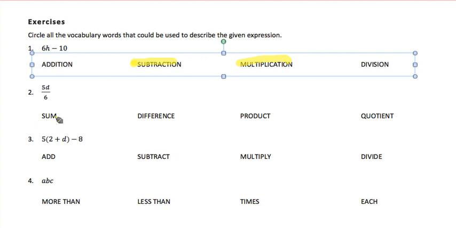In number 2, we have 5 times d, so we have a product. We also have a quotient, division. The next one, oh, we have multiplication here. We also have subtraction. We have addition. The only thing we don't have is division in that problem. And finally, the last one in this set, we have times, and that's it.